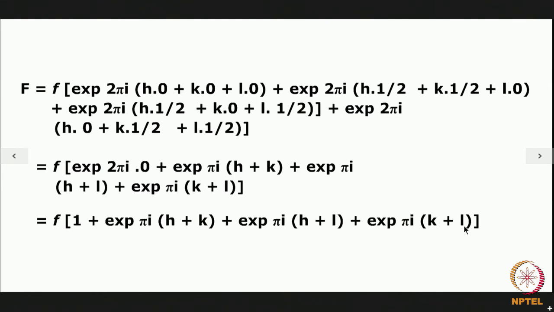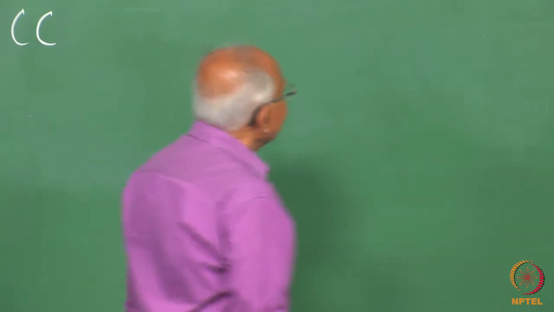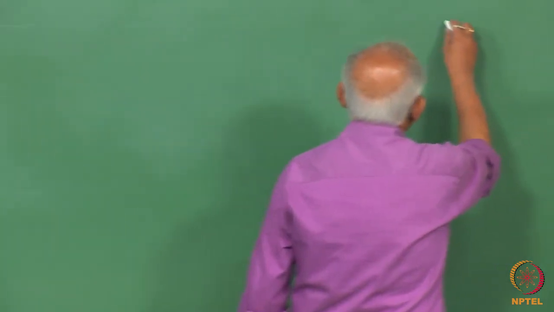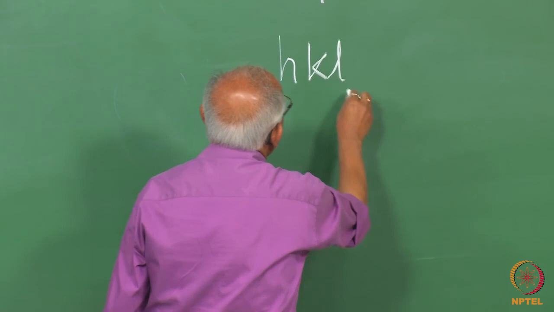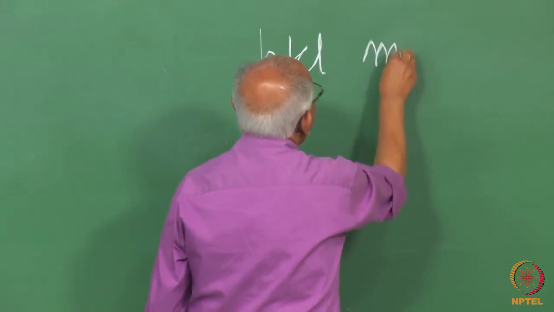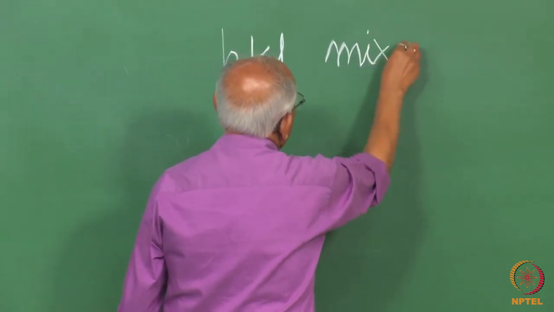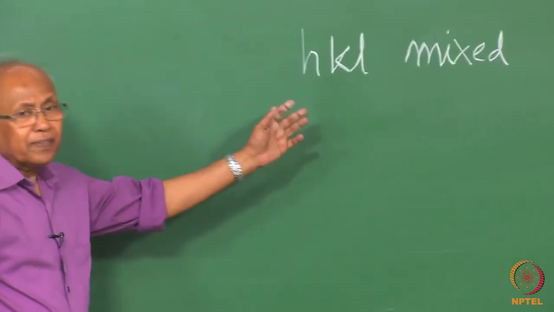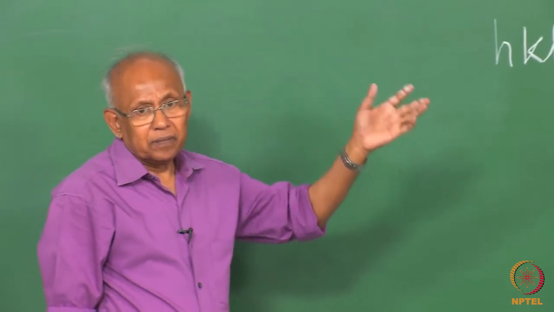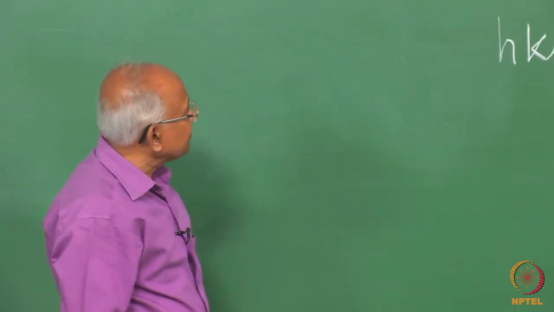Now, if we examine this expression very carefully, there can be some different possibilities. Say, for example, we have a situation where h, k, l are mixed quantities, that means some are odd, some are even. Then what happens?